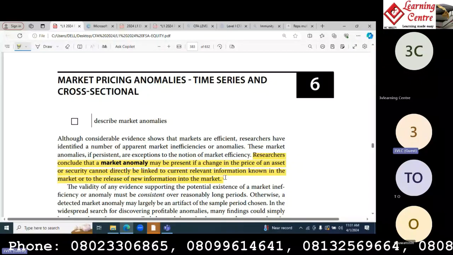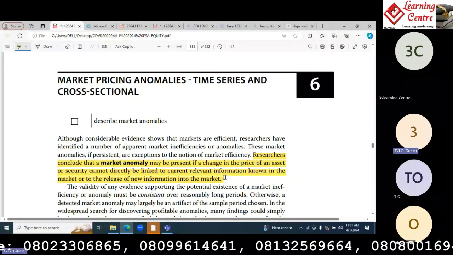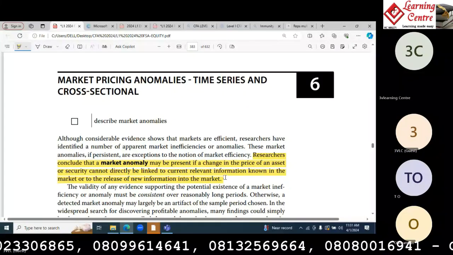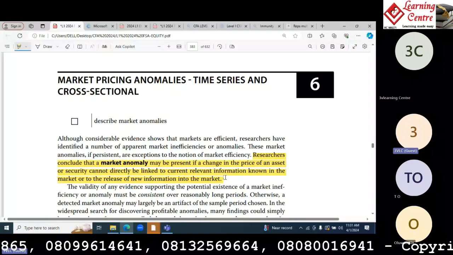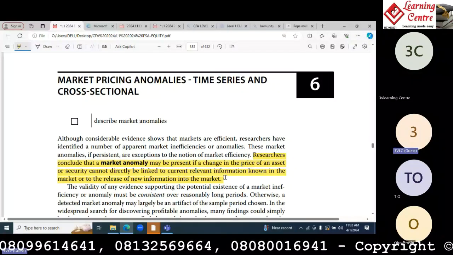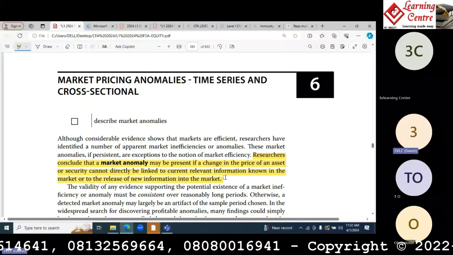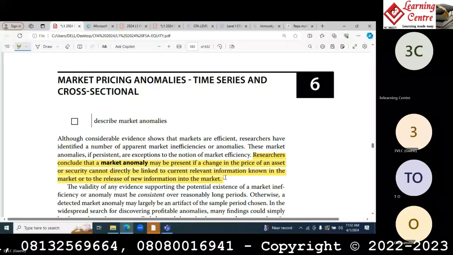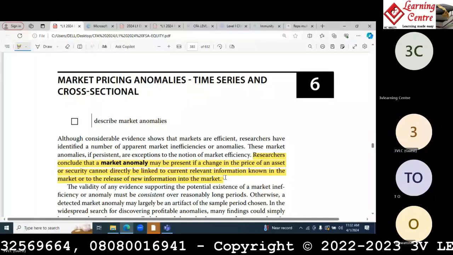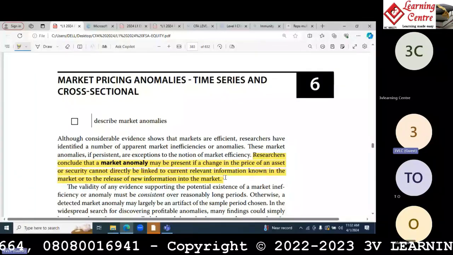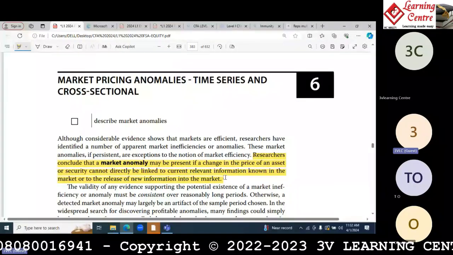When the prices of an asset moves, but we cannot attribute that movement to any factor or to any information, or new information, the market price just moves.